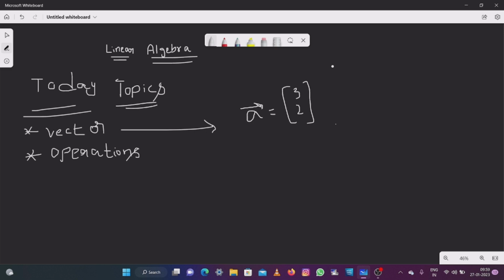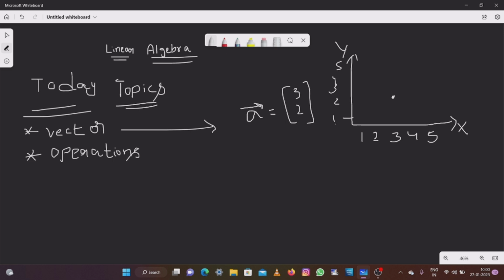So let's implement it with the graphical method. Here in the graphical method we have considered the x-axis and the y-axis, marked 1 2 3 4 5, and the y-axis also 1 2 3 4 5. We have taken 3 comma 2.